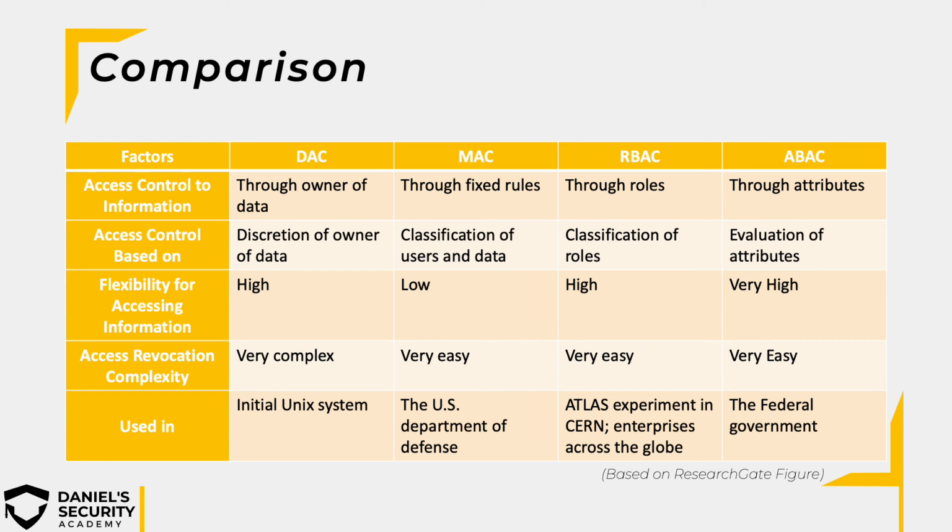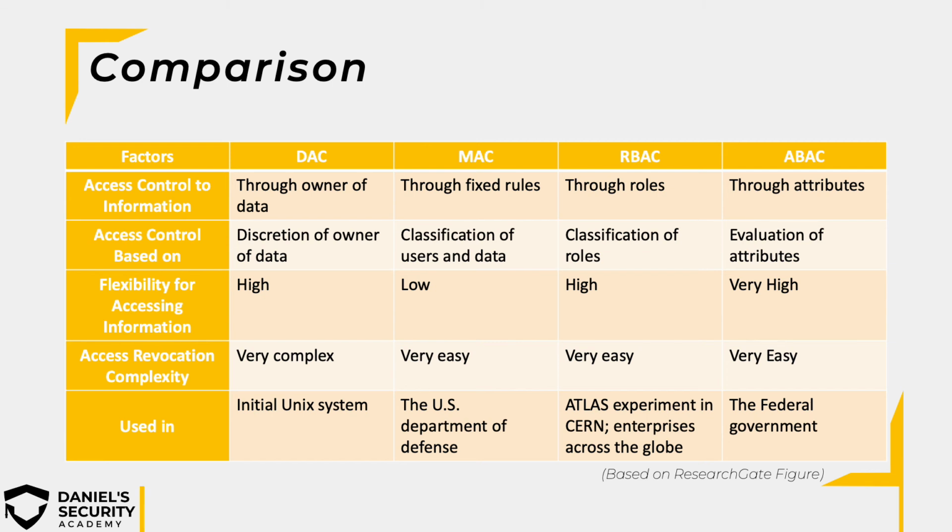If someone creates a file and you want to revoke their access, it's very complex to do so. However, it is very easy for the other three, MAC, RBAC, and ABAC, because you just need to remove either a clearance level, a role, or some attributes from someone to revoke their access.